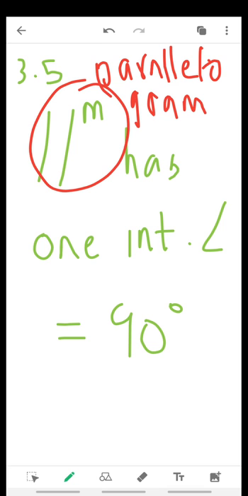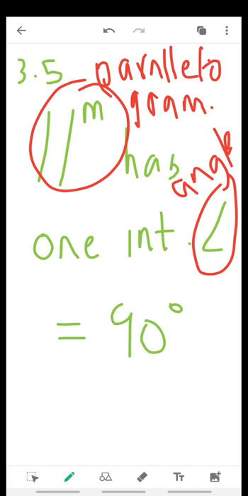So the parallelogram has one interior angle. This stands for angle. So this parallelogram has one angle equal to 90 degrees.